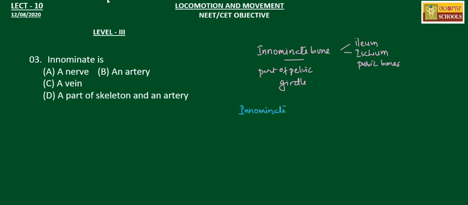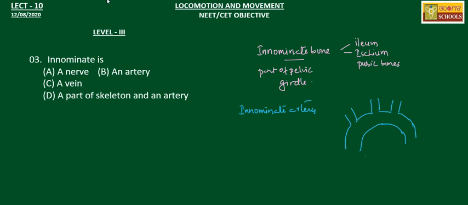Okay, and again one more word we have in this case is the innominate artery. So here we know from the left ventricle the dorsal aorta arises, and the dorsal aorta takes a U-turn over the dorsal side, and you will see here the branches arising from the aorta.